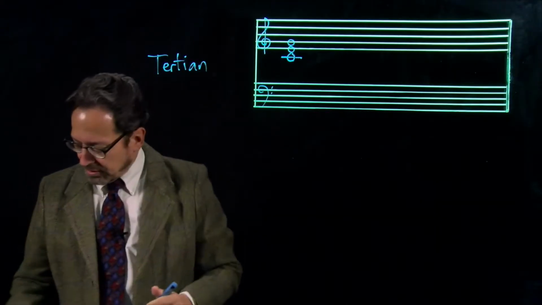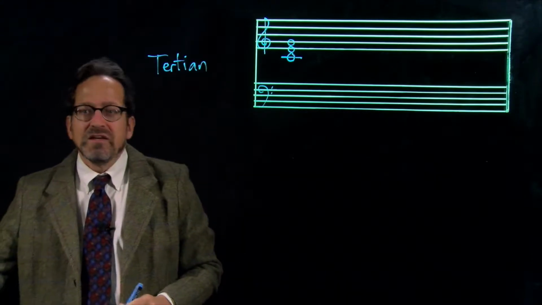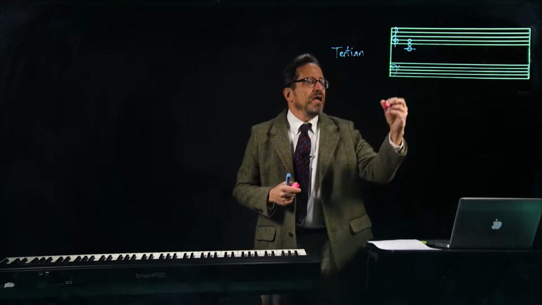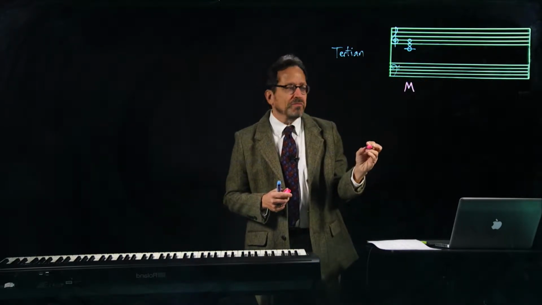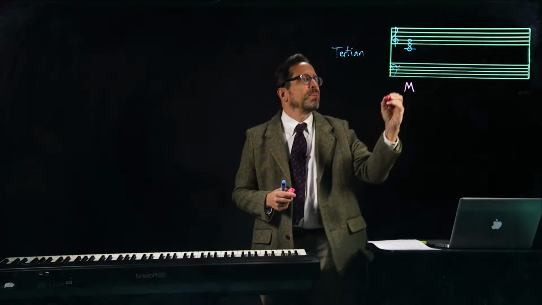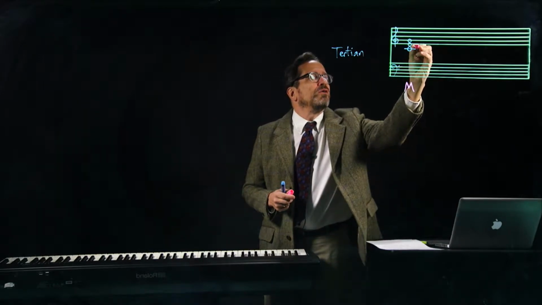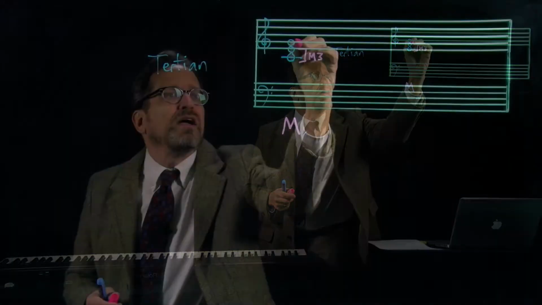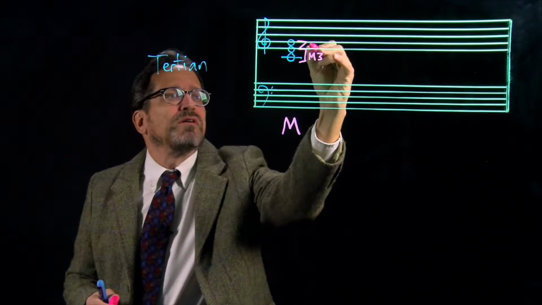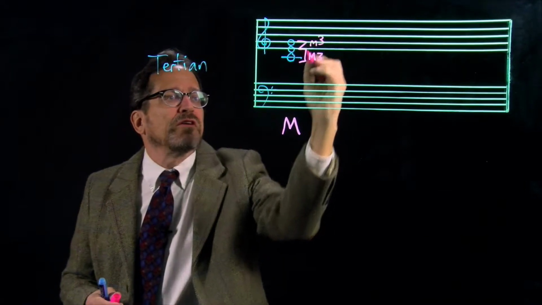So this particular sonority is a major triad, and we can abbreviate that with a large M to signify major. We have at its base a major third, and we have on the top a minor third.